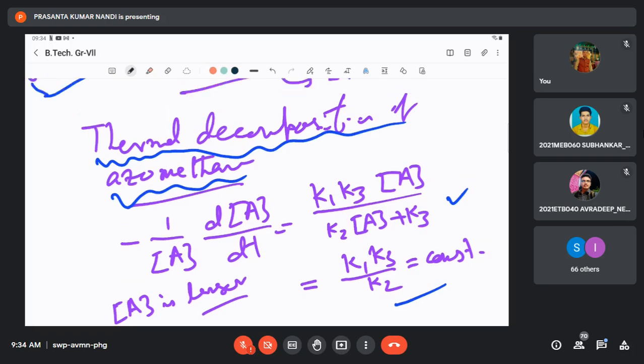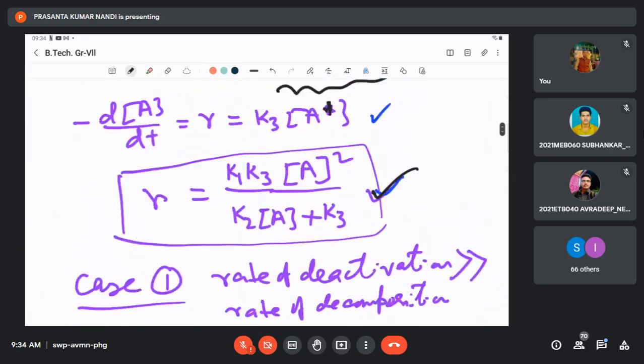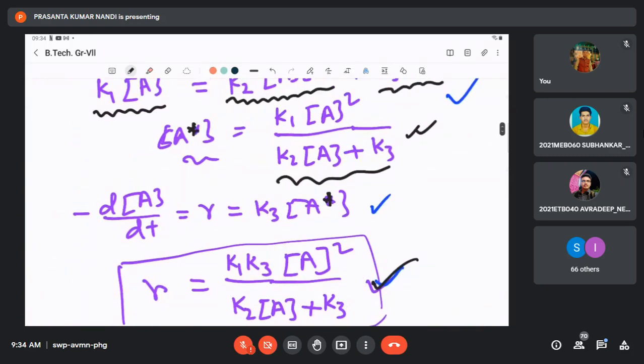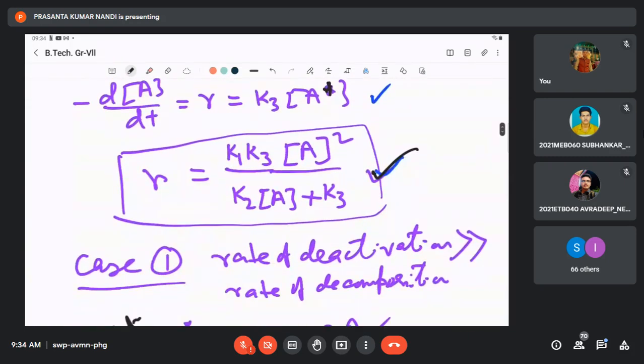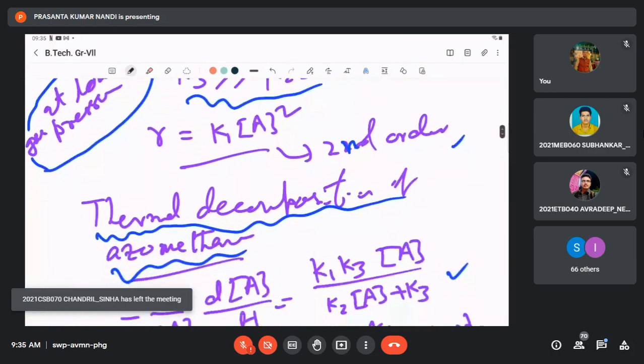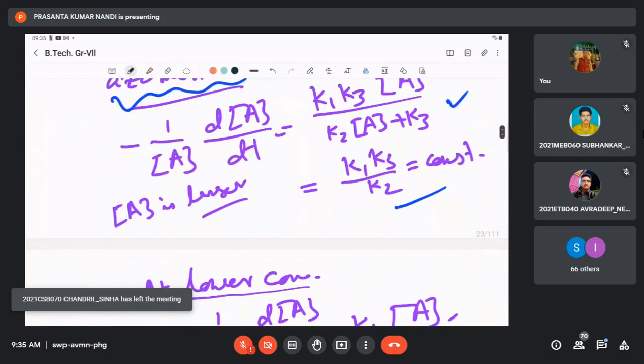If we divide by one of the A concentration terms, we can write it in this form.